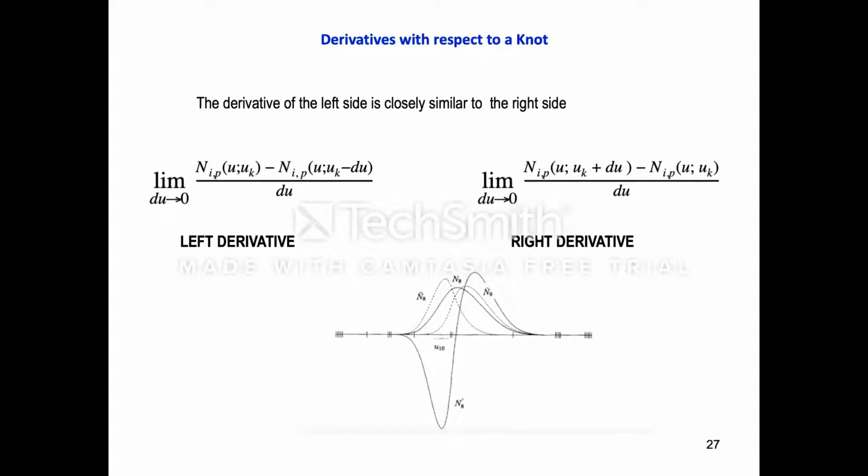The left derivative is closely similar to the right derivative, as we can see here. To make them simpler, this is the left derivative and this is the right derivative. The figure below shows the derivative function.